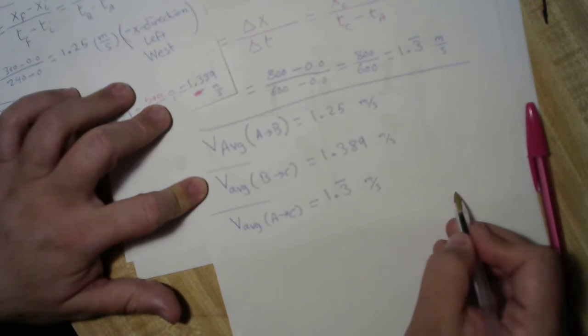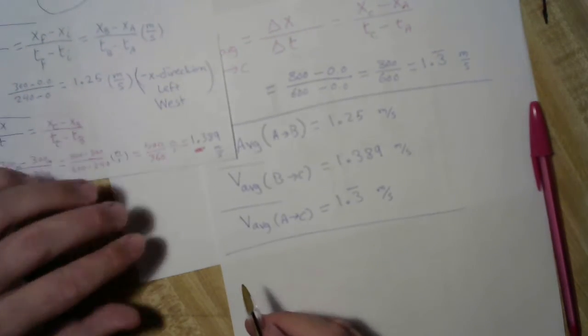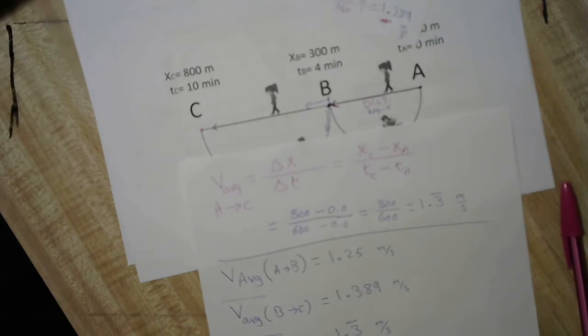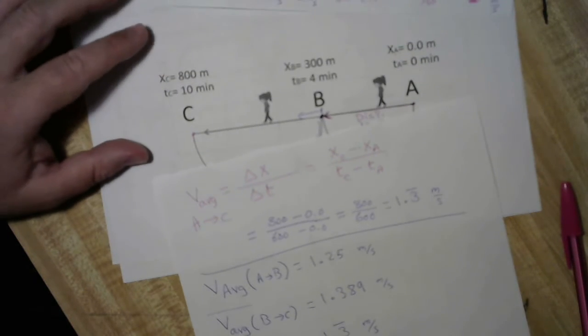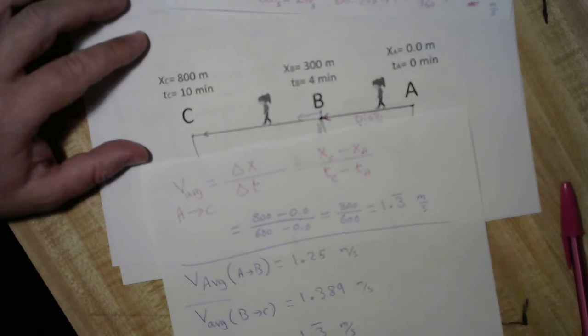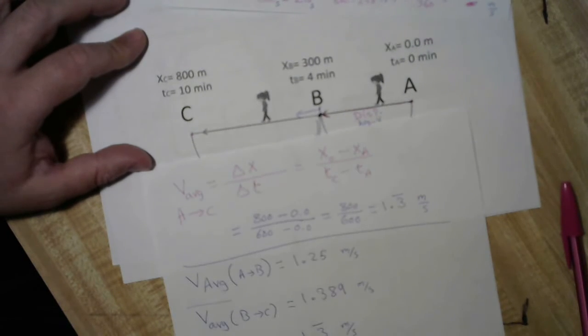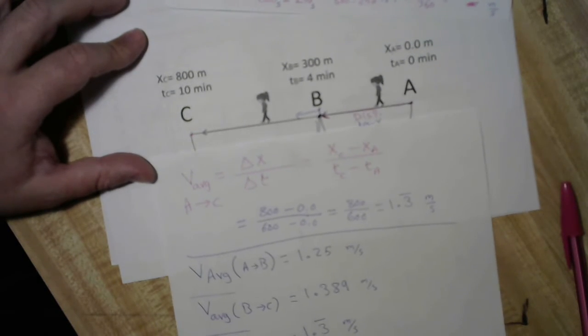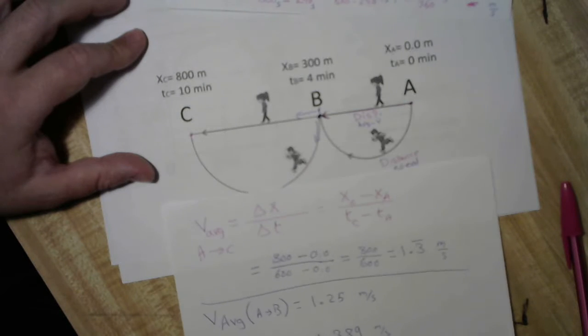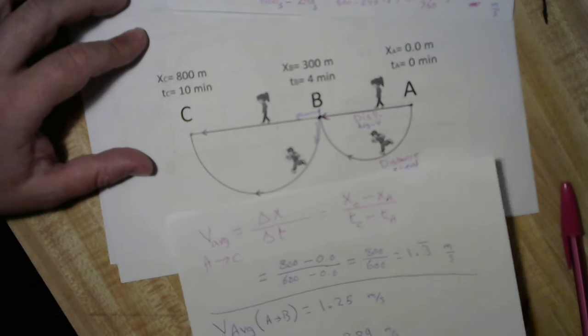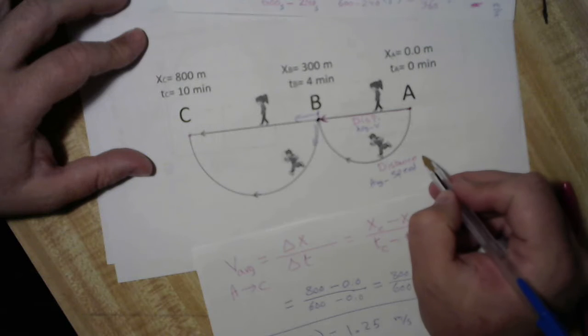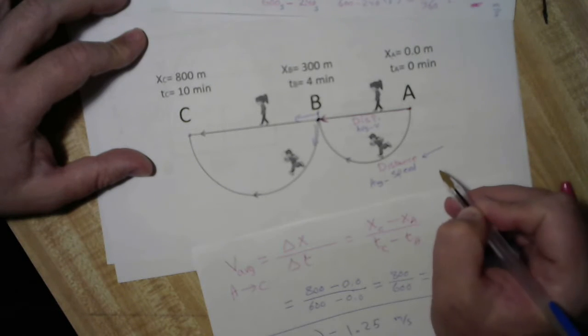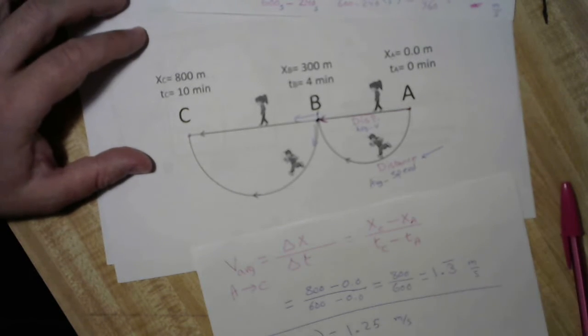Now we have calculated the average velocity for the girl, because it is velocity, a vector from A to B to C. Now I need to calculate the speed. The speed is for the boy. For the speed I will use the distance. I will not use the displacement.